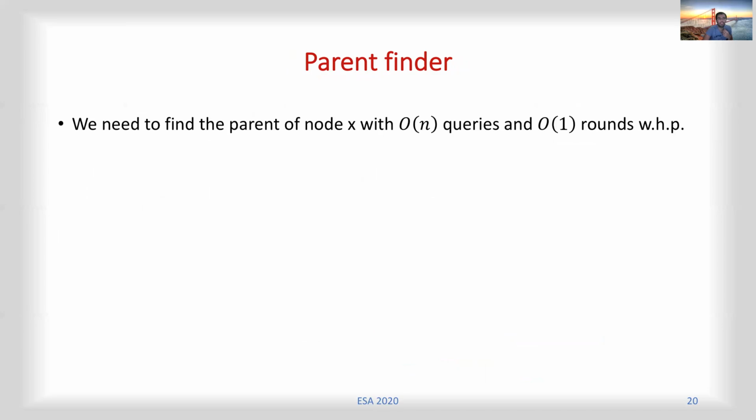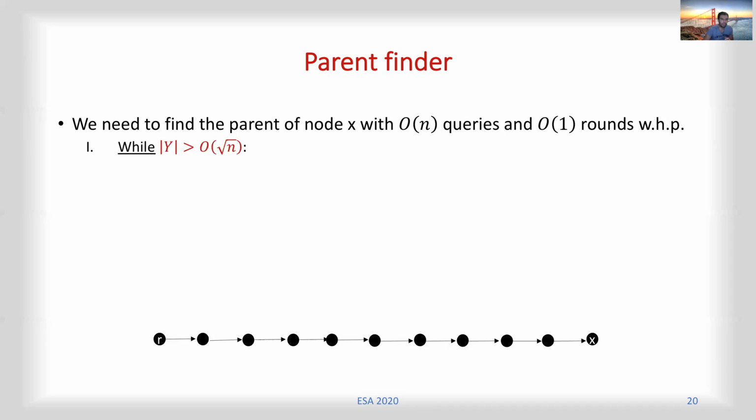In order for this algorithm to work efficiently, we need to find the parent of a node x in O of n queries and O of 1 rounds with high probability. Our algorithm works like this.